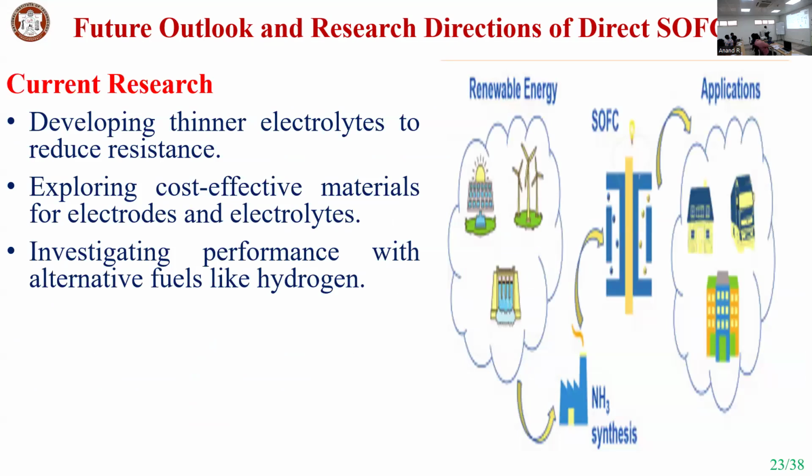In current research, people are working on direct usage of ammonia in solid fuel cells, developing thinner electrolytes to reduce the resistance. If we go for a thick electrolyte, the resistance for the positive ions to reach the cathode is higher. Assume the thickness of the electrolyte is 10 centimeter.